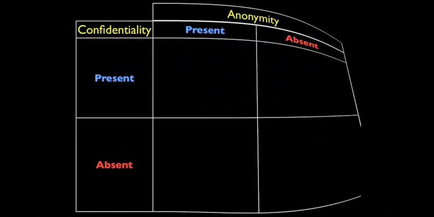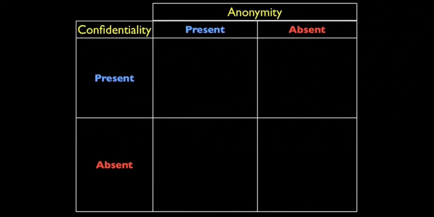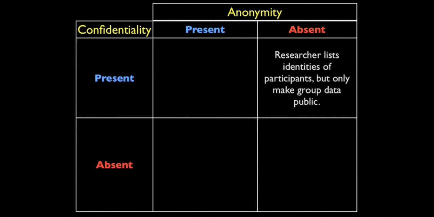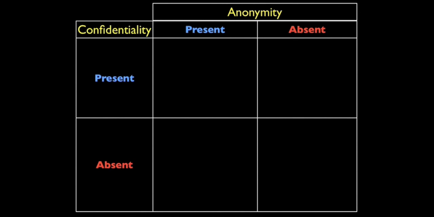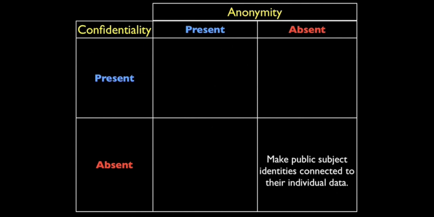If in yet another situation, identities are revealed, but only group data is reported, then confidentiality is present, but anonymity is absent. And finally, if a researcher exercises poor judgment and reports subject identities and connects their identities to their data, then confidentiality is absent and anonymity is absent, and we would label this as unethical.